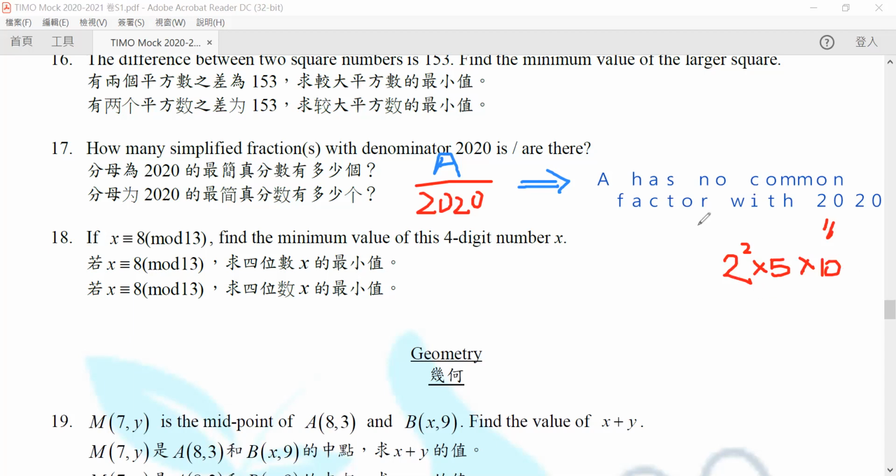So it has a factor of 2, a factor of 5, and a factor of 101. So A does not have 2, does not have 5, and does not have 101.